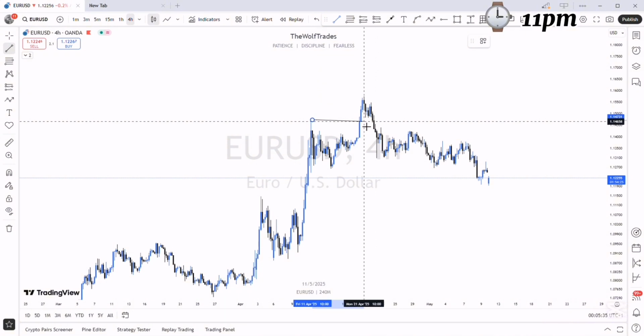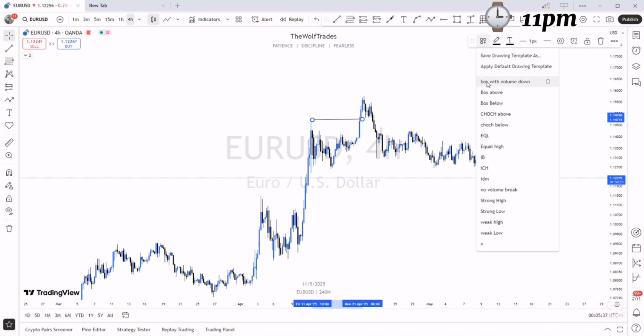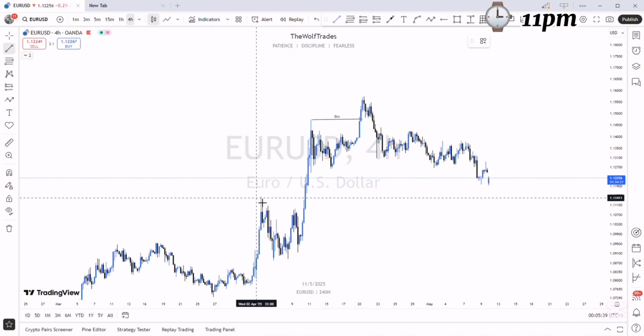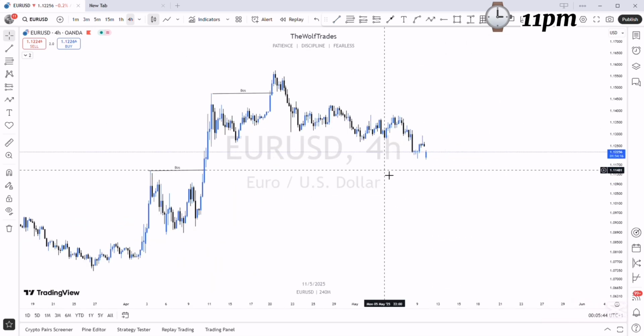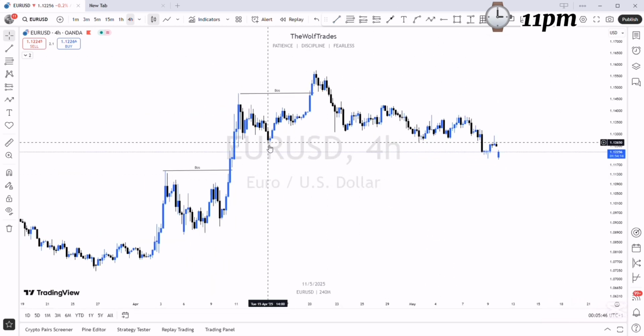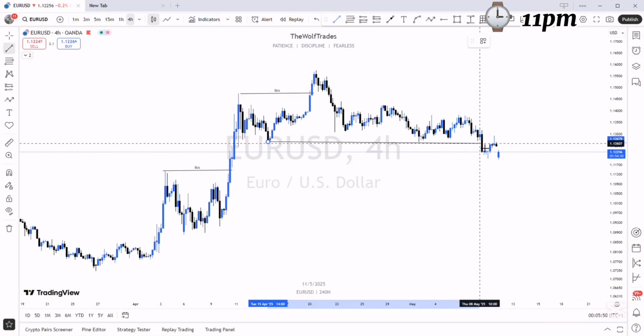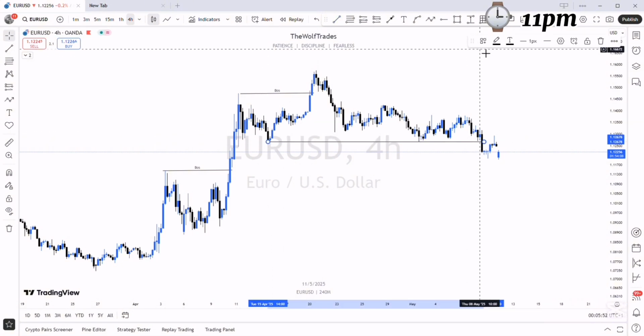So my 2 recent breaks of structure, that's my first break of structure and the other break of structure. I only need 2 recent breaks of structure. So price has disrespected my first low, the low of the break of structure, creating a change of character.